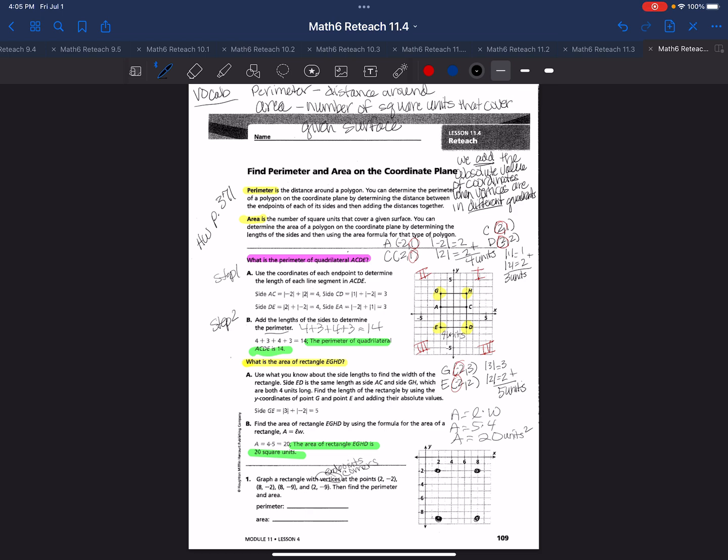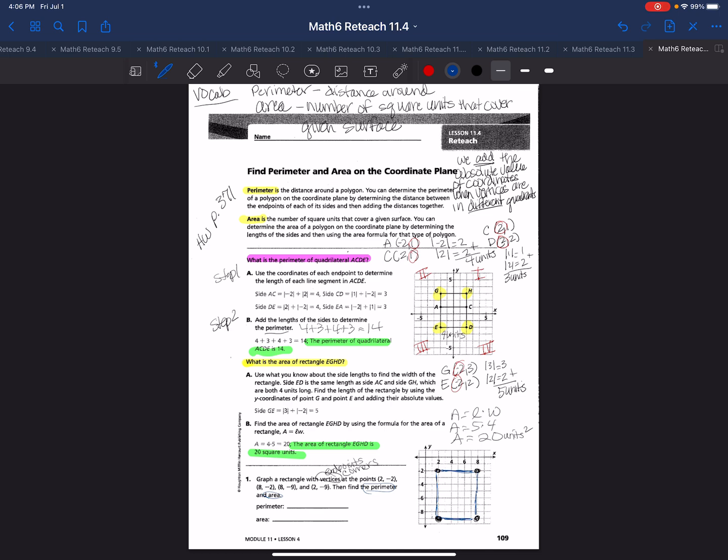And then it says graph a rectangle. So I need to go ahead and draw my line segments. And then it says find the perimeter and the area.